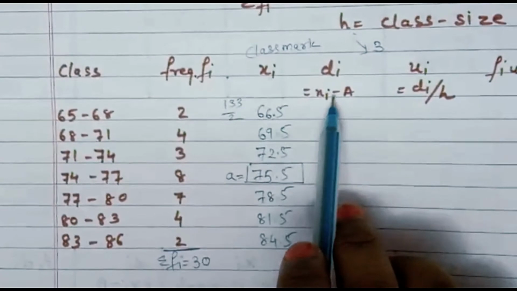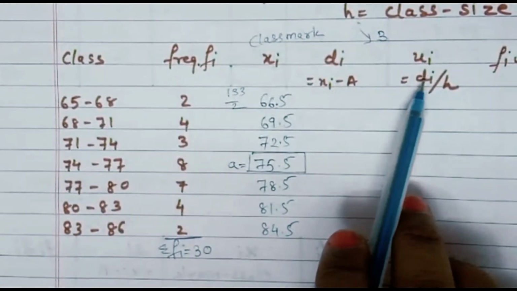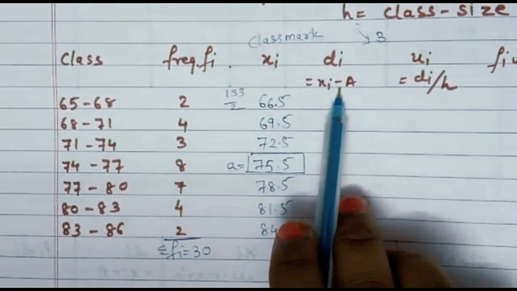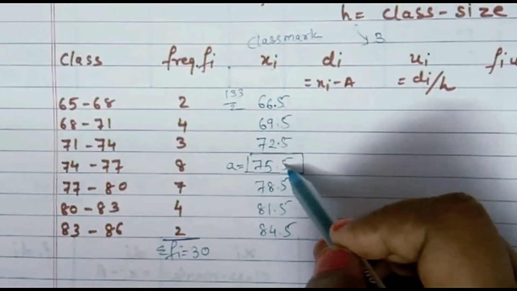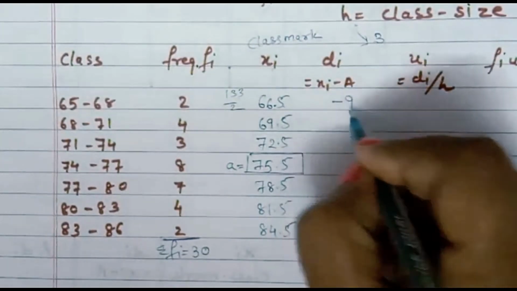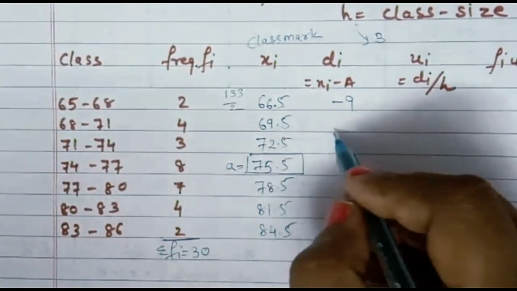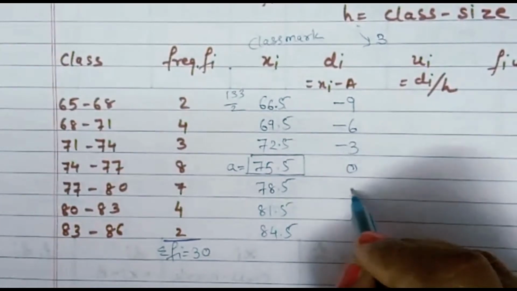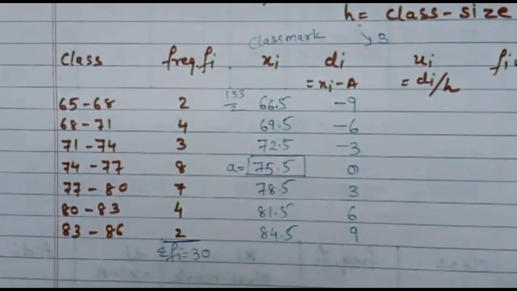Now only for explanation, in this example I have taken this column of di, otherwise you can directly take ui. So let us see what we are getting in di. What is 66.5 minus 75.5? It will be minus 9. 69.5 minus 75.5 will be minus 6. Same way we will get the gap of 3 each, and in this way I'll get di.